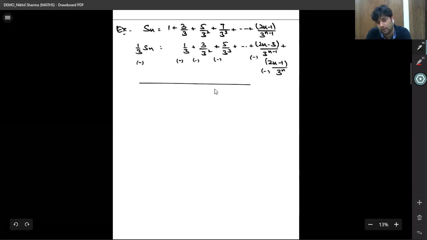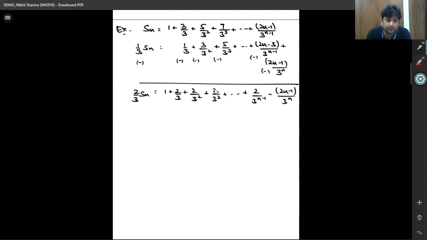This would give us 2 by 3 times Sn, and this is 1 plus 2 by 3 plus 2 by 3 square plus 2 by 3 cube and 2 by 3 raised to n minus 1 minus 2n minus 1 upon 3 raised to n. So this would be giving us a GP for n minus 1 terms.